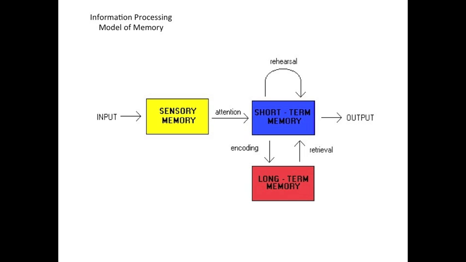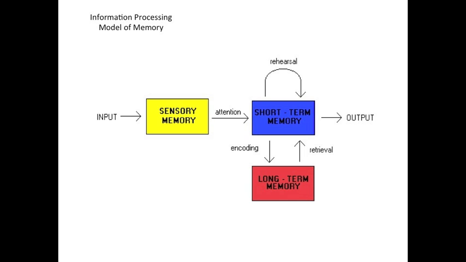If you'll notice, there's an input, which is basically everything that you're listening to and hearing and seeing and experiencing right now, coming into your sensory memory. If you actually pay attention to what's going on around you, it might enter your short-term memory. Another name for the short-term memory is working memory.